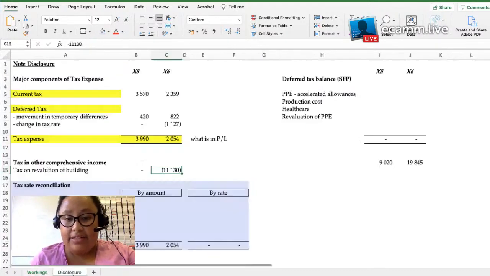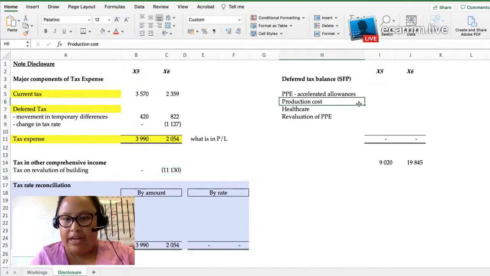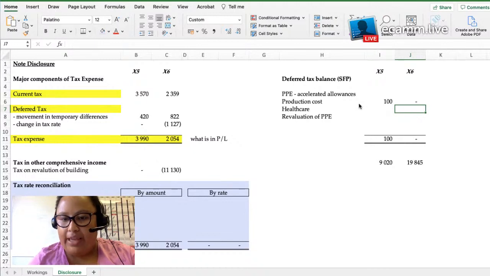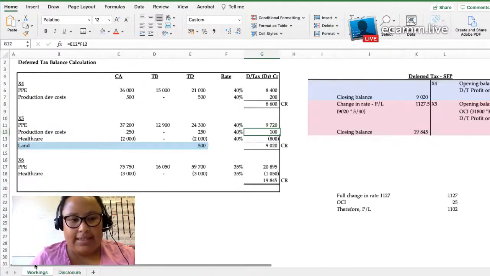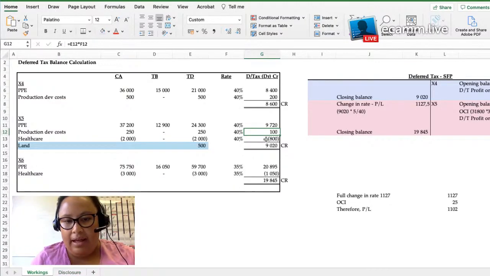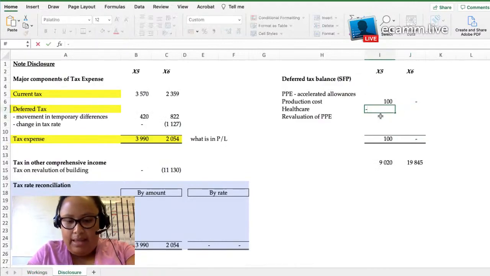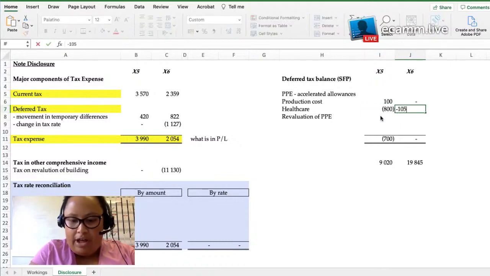In X6 there's 0 deferred tax. So for the production costs we're going to say 100, X6 0. Okay, we're going to go to our workings again. We're going to look at healthcare. Last year it was minus 800. This year it's minus 1050. So it's healthcare minus 800, minus 1050.